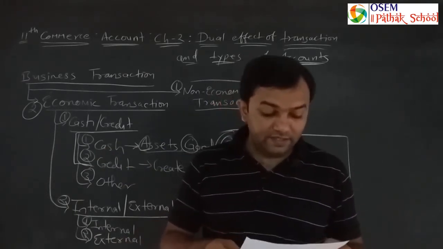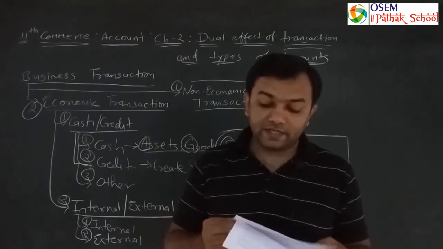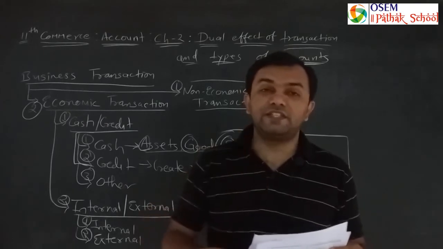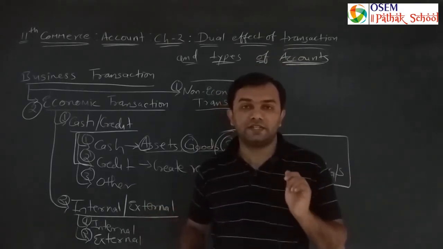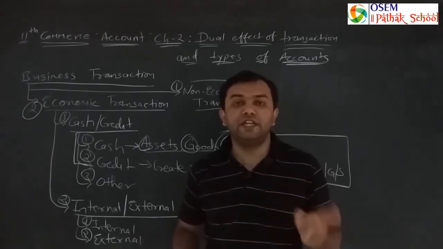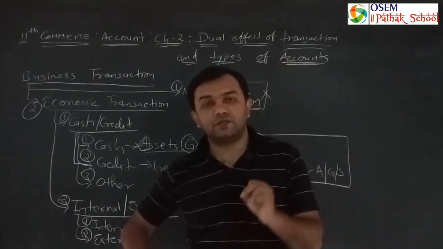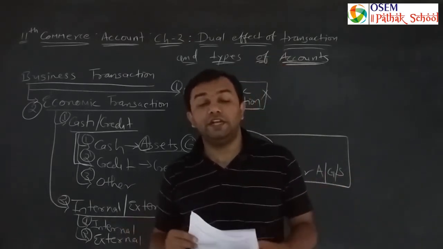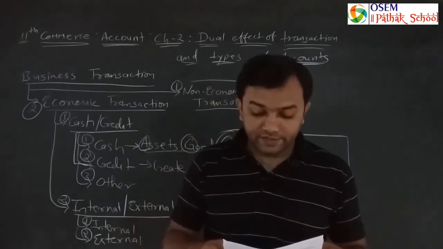And a note is given: instead of cash transaction, if transactions are made through check. It is very important. Cash in accounts does not mean hard cash. A bank transaction is also considered equivalent to a cash transaction. By check, by NEFT, by RTGS or by IMPS, all electronic transfer of money is also considered a cash transaction.